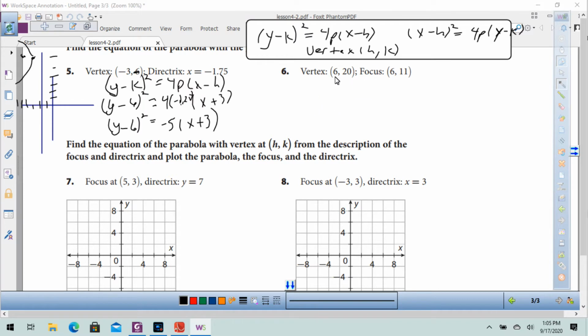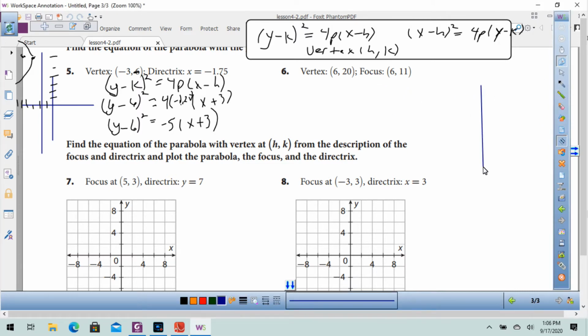All right, this one here, we have a vertex at 6, 20 and a focus at 6, 11. And let's draw some little graph here. Probably going to need a big graph, right? So 6, 20, we got 1, 2, 3, 4, 5, 6. 1, 2, 3, 4, 5, 6, 7, 8, 9, 10.